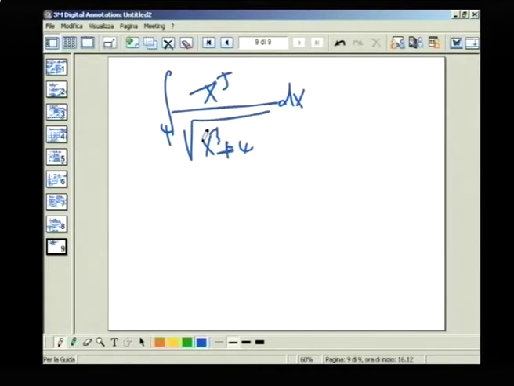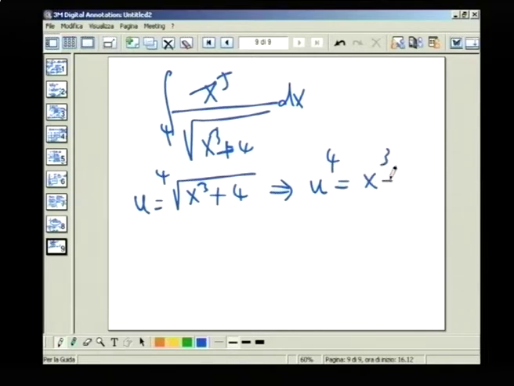I've chosen the substitution u equal to the 4th root of x cubed plus 4, meaning u to the power 4 is equal to x cubed plus 4.